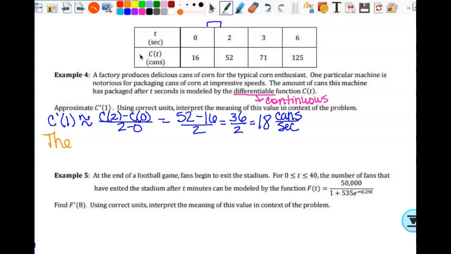So the number of cans packaged, is it increasing or decreasing? Increasing, increasing.